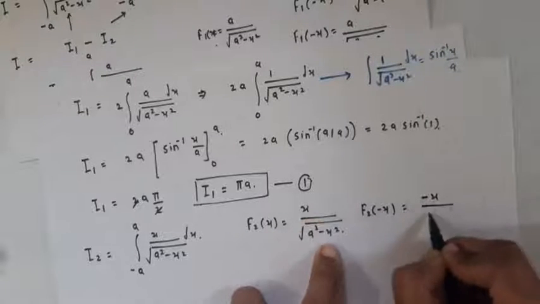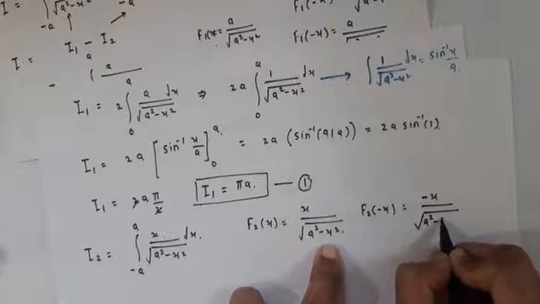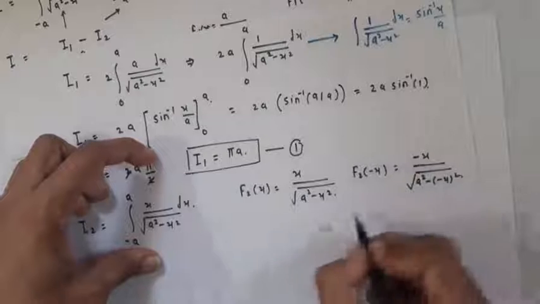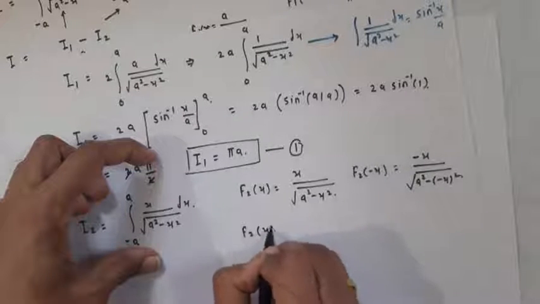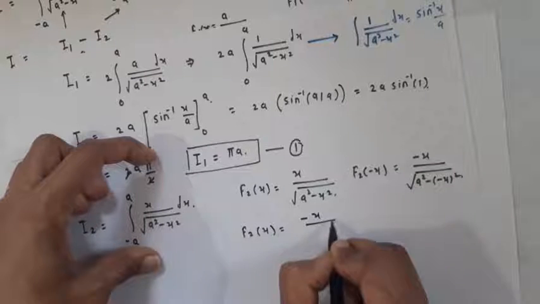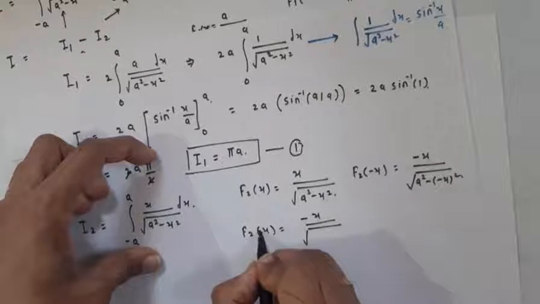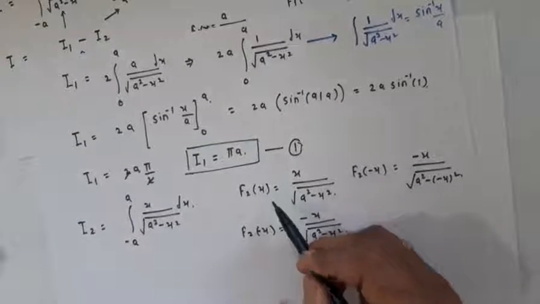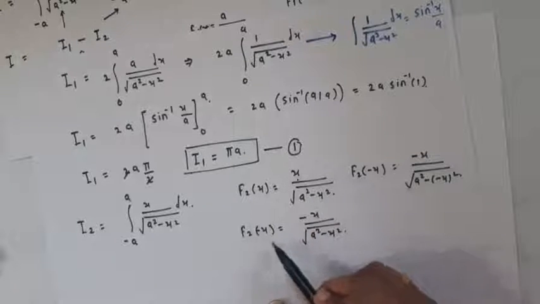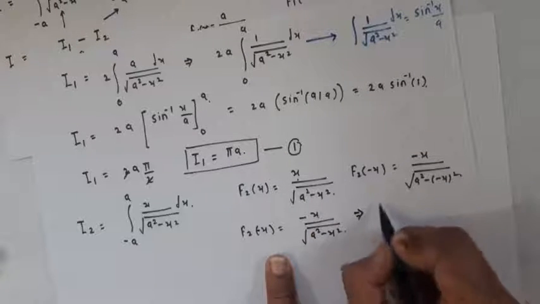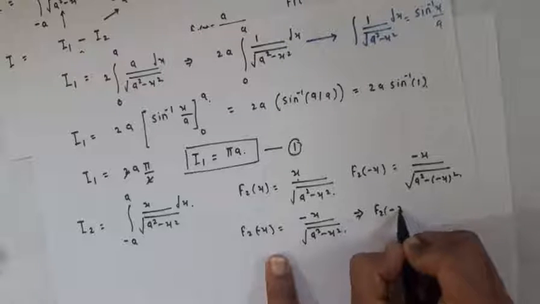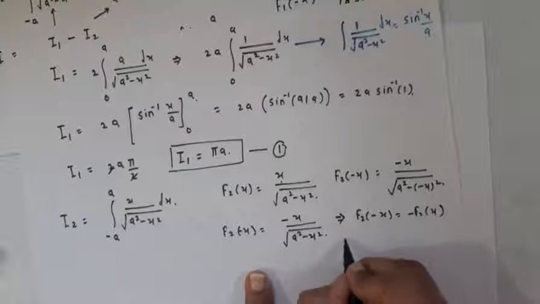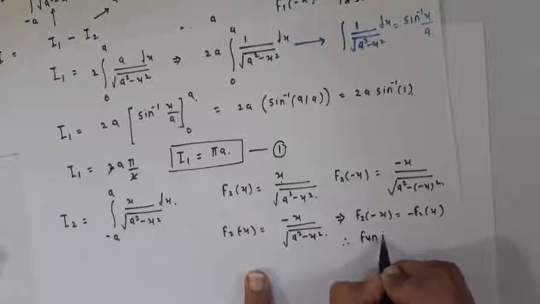So minus x upon the square root of a square minus x square. So f2(x) equals x upon the square root of a square minus x square, and f2(minus x) equals minus of this, which implies f2(minus x) is minus f2(x). Therefore the function is odd.